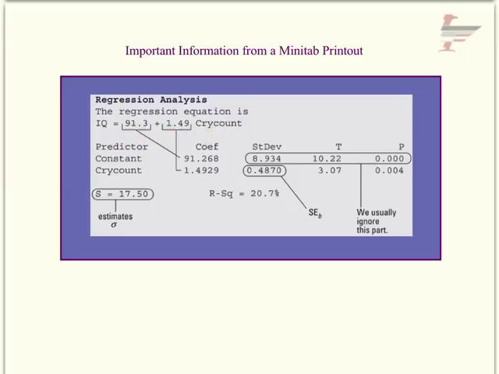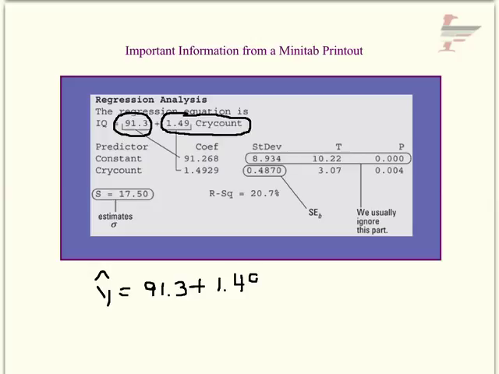So this value is definitely your y-intercept, and this is definitely your slope because it accompanies your variable. In other words, y hat equals 91.3 plus 1.49 times x, but instead of using y hat and x, they define y as your IQ score and x as your cry count.